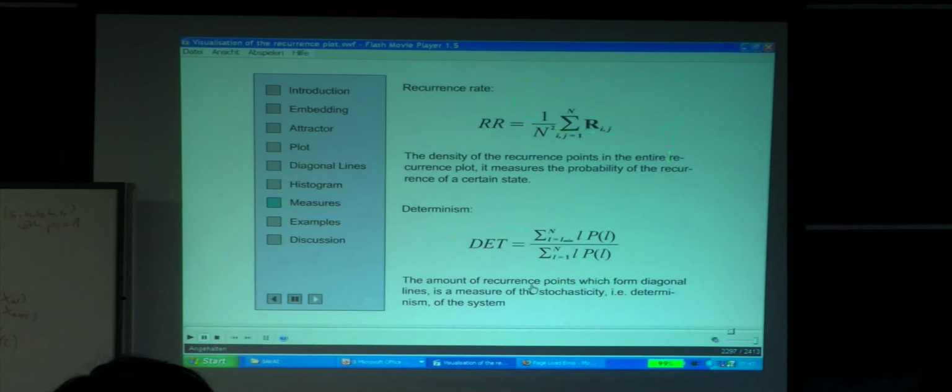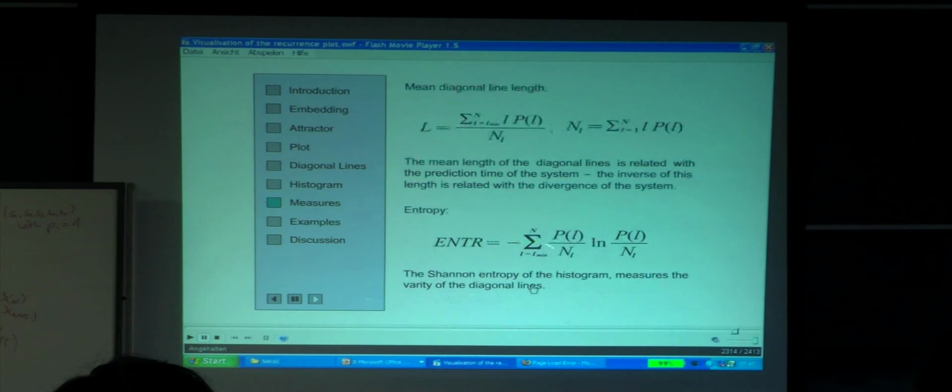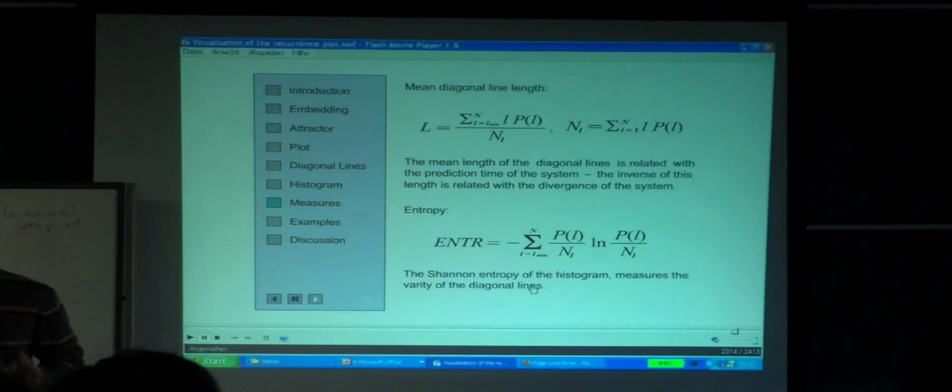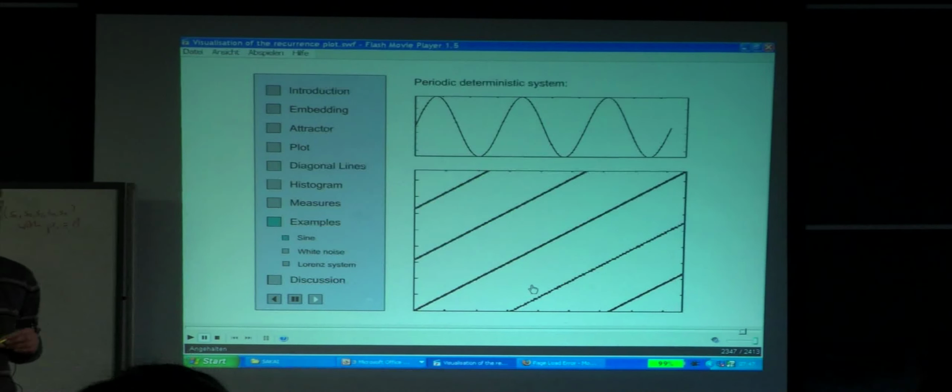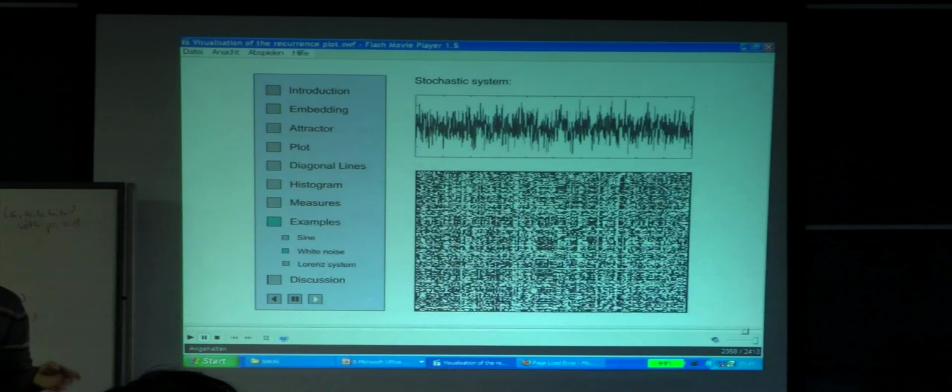There are only some examples: recurrence rate, determinism, mean diagonal length, entropy. You do not need to remember them in all detail. The point is that you should know that there are some quantitative characteristics you can define based on the distribution of the length of these diagonal structures, which tell you about the predictability of the system. Here are some examples.